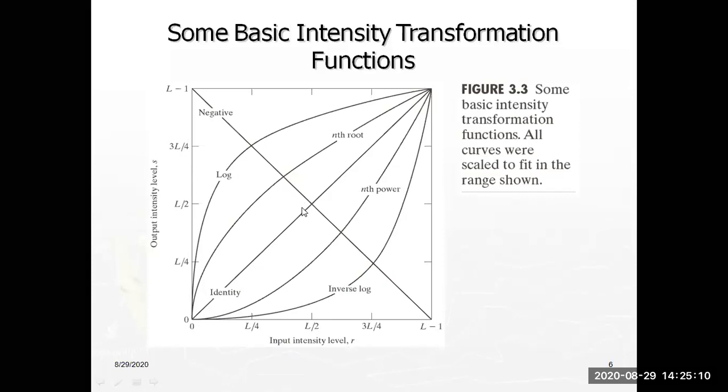For suppose if you are increasing the input signal and the intensity value is decreasing, that is called negative, the reverse process. So this is identity and this is negative.